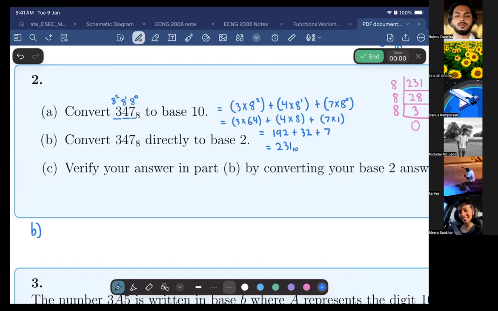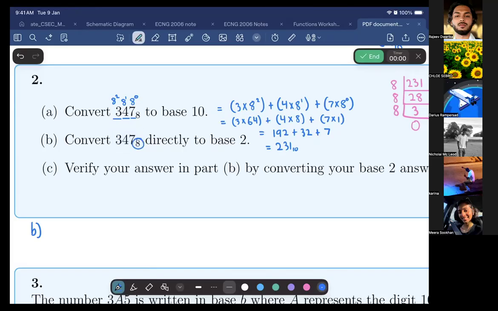All right. Okay. Help me with part B. I'll give Karina a question just now. So, Mira, read part B for me. Convert 347 base 8 directly to base 2. No, not power. That's 347.